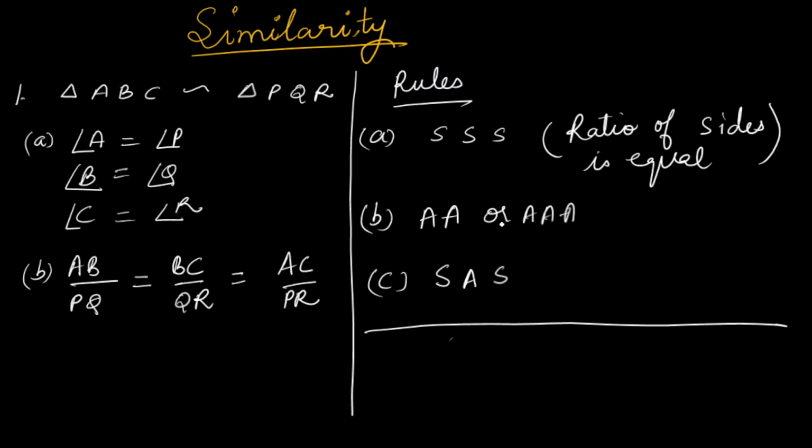And side, angle, side, which we used in a few questions yesterday: when the ratio of two sides and one included angle is given to us. Other than that, we did one BPT result yesterday. Now let's start from the questions.